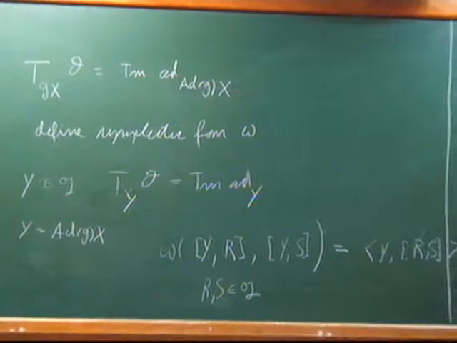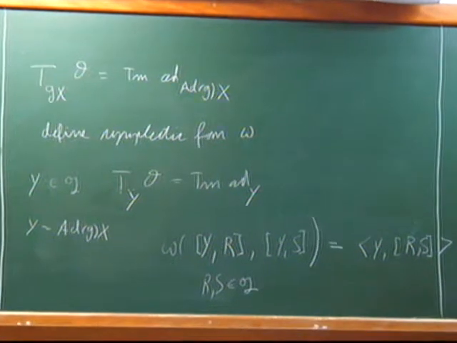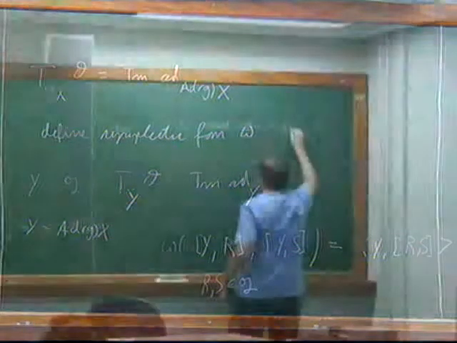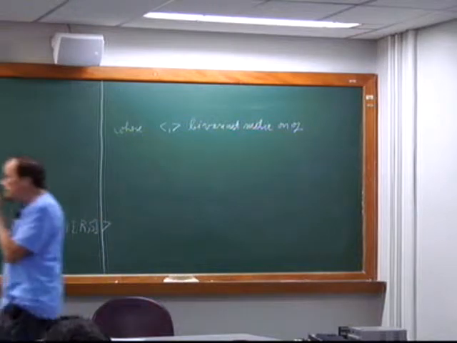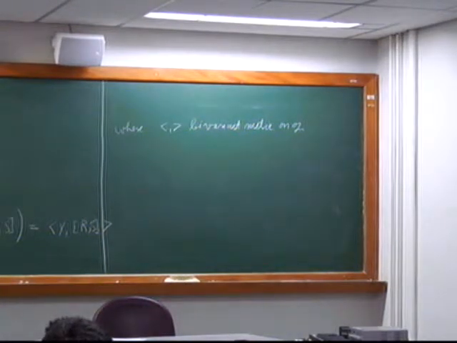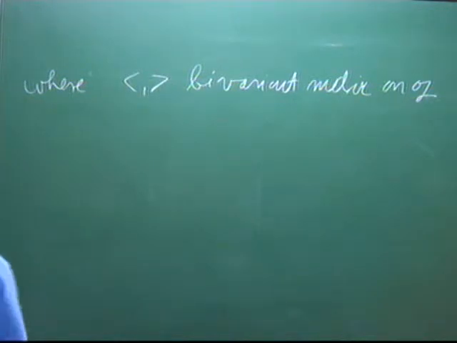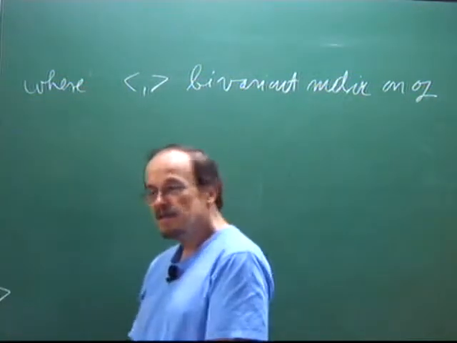Say, where this is a bi-invariant metric on the Lie algebra g. So here I'm using the fact that my Lie group is compact. So it's a very natural way. The symplectic form is just given by the Lie bracket.